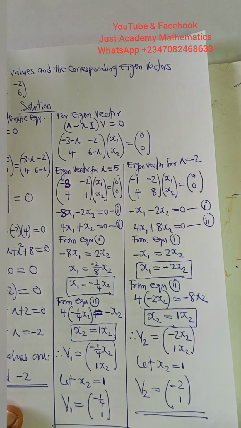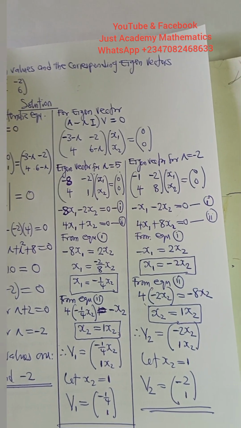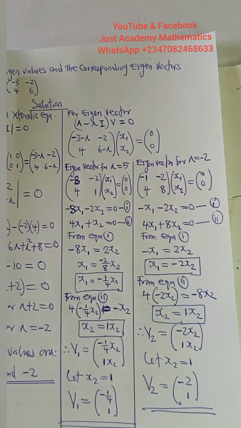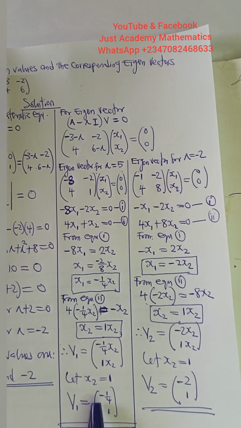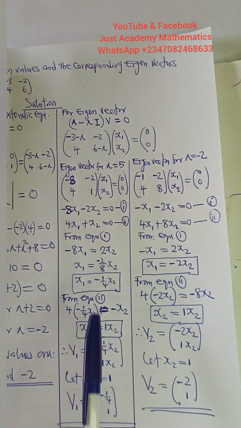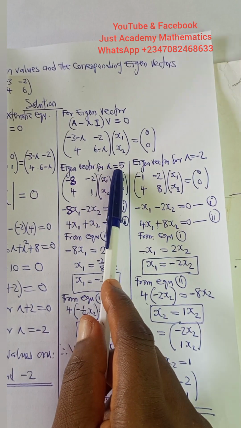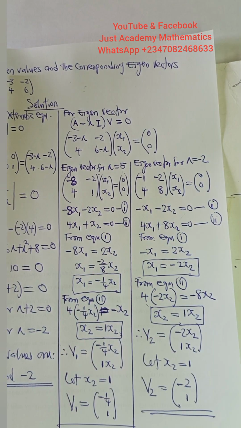This is the second vector. So that is the procedure of finding eigenvector. This is the eigenvector for the eigenvalue of 5. And this is the eigenvector for the eigenvalue of minus 2.